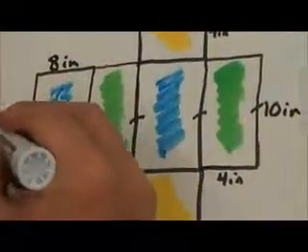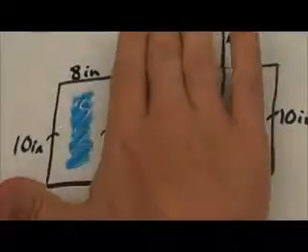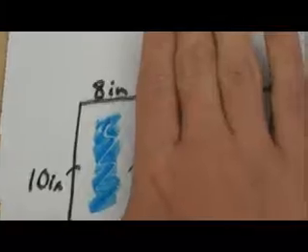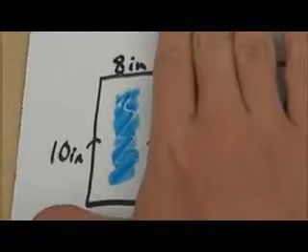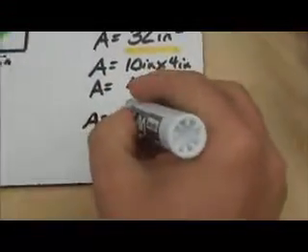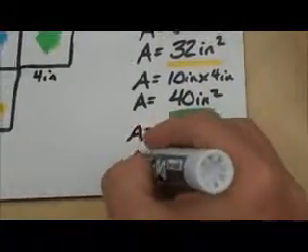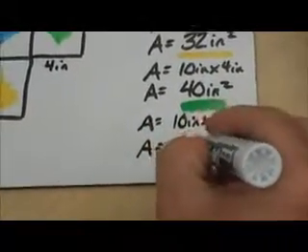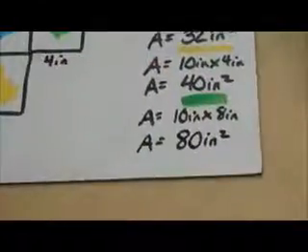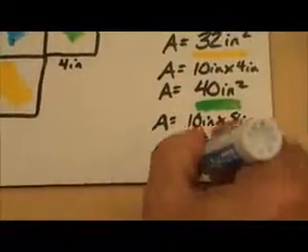Hooray! Now I cover with my hand and focus just on this one rectangle, and I see I have my width and my length. My area will be 10 inches times 8 inches, which gives me a grand total of 80 inches squared. I will color code this with blue.